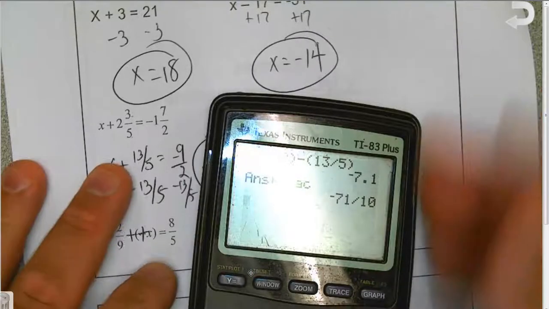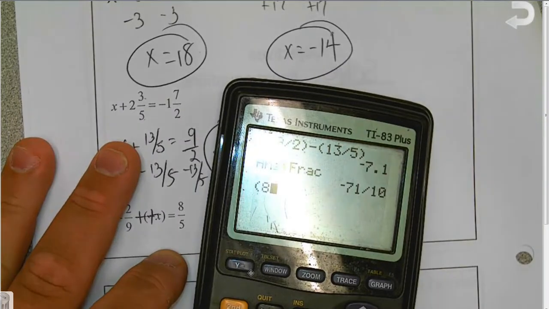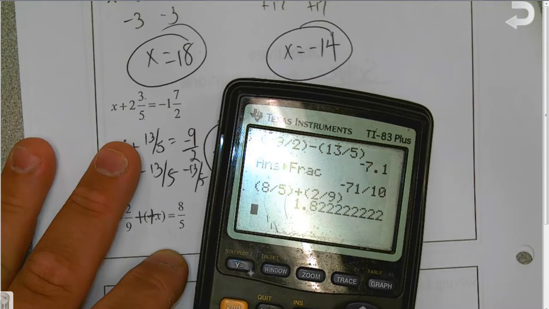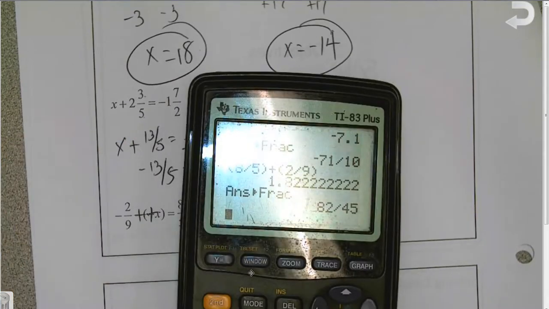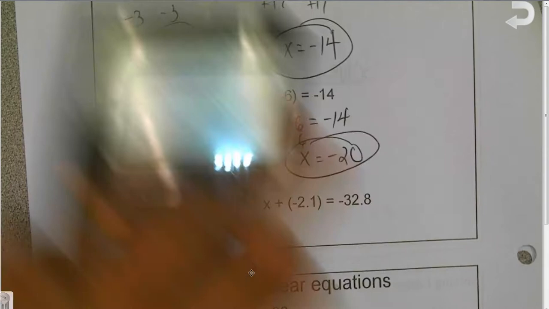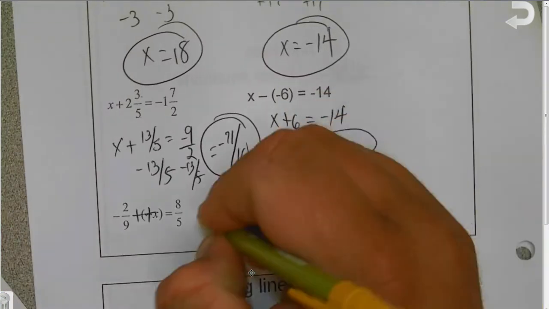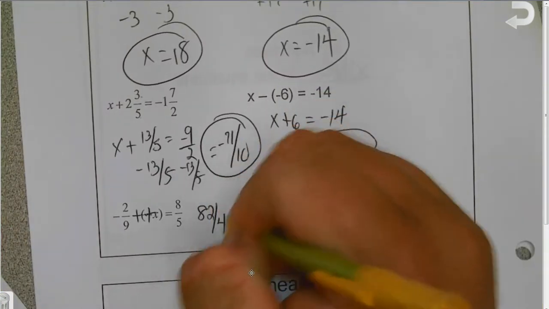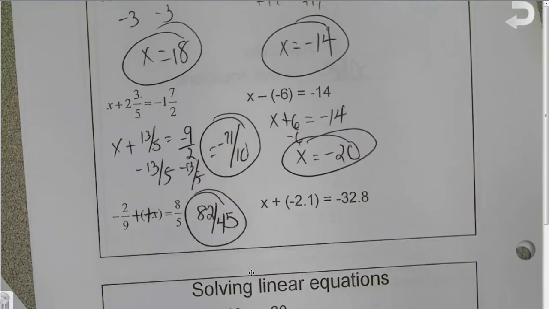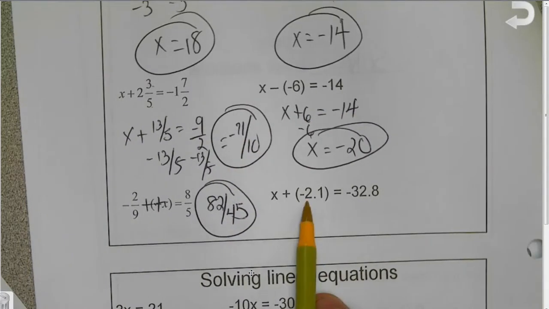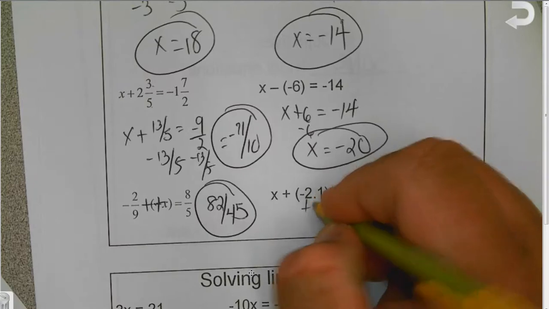Again, I'm going to come back to the calculator. 8 divided by 5 plus 2 divided by 9. I hit math and enter, and I get 82 over 45. Negative 2.1, so I'm going to add 2.1.